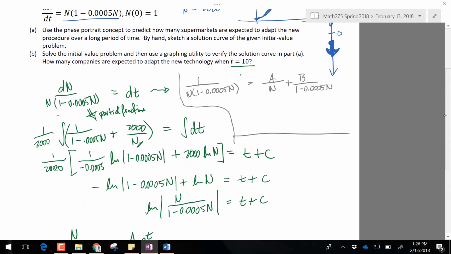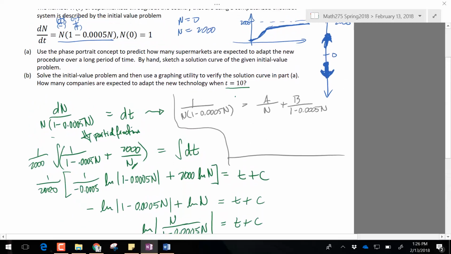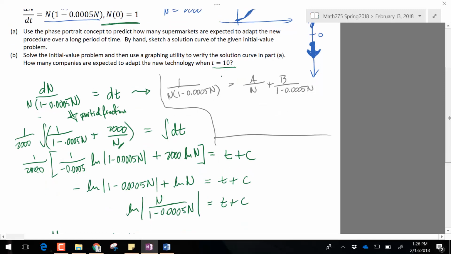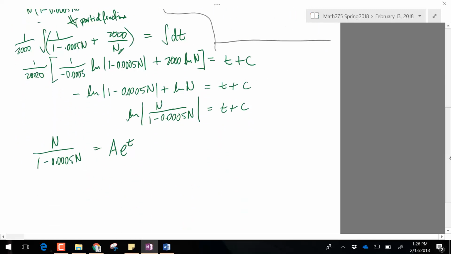So I think t is equal to 0, n is equal to 1. So it's 1 over 1 minus 0.0005 times 1, which is equal to a times e to the 0.